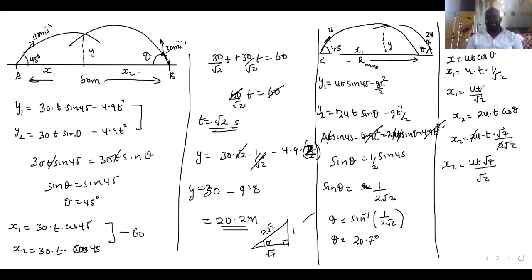But UT over root 2 is X1. So it means X2 is actually equal to X1 root of 7, which is another very important vital equation. Now, that is the case.